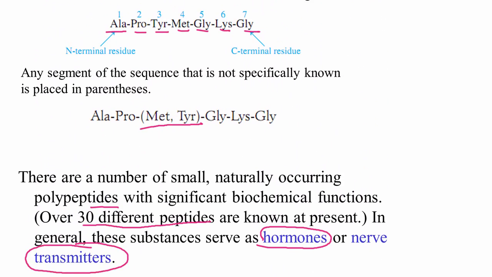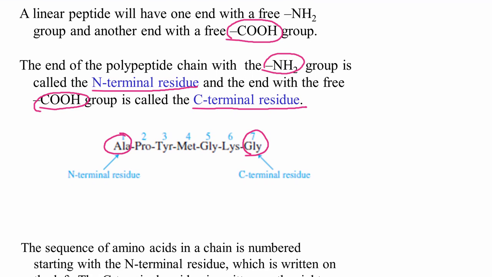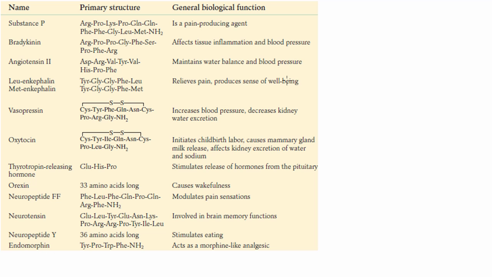Let's go to the table. Again, this is in your text, so you can take a look at this. Here we have the names of some of these peptides and their primary structure and their general biological functions.